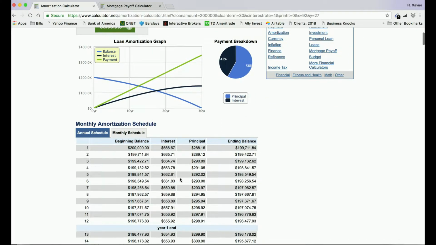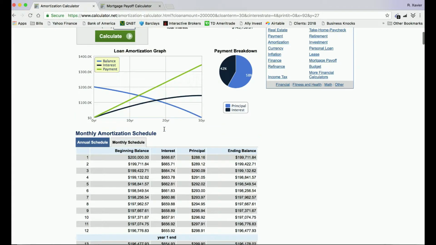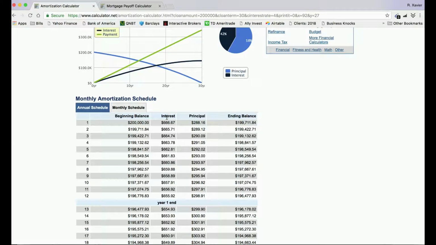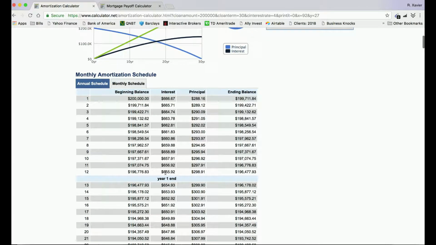Now we're going to look at the monthly schedule, and going back, you can see one of the most important things to realize is that early on in a loan, you're going to be paying a huge amount in interest on this payment amount, which in this case is $954.83. $666.67 is going towards interest, and then the rest is going to principal.